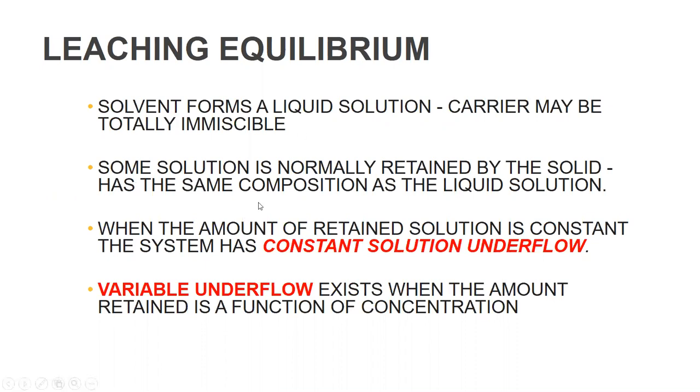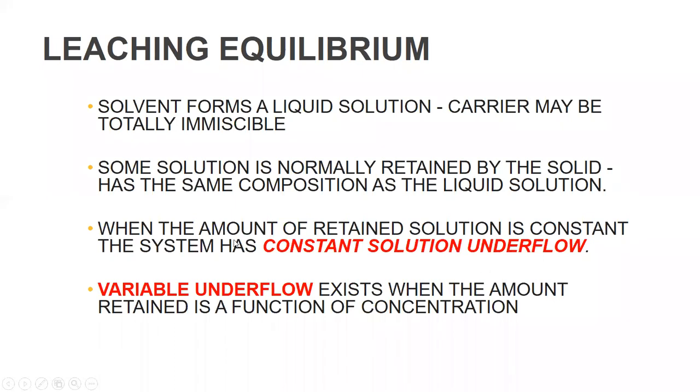Now, some solution is normally retained by the solid, and that's the reason why we have what we call the slurry. And that solution has the same composition as the liquid solution mentioned in the first bullet. When the amount of retained solution is constant throughout the process, we have what we call a constant solution underflow.